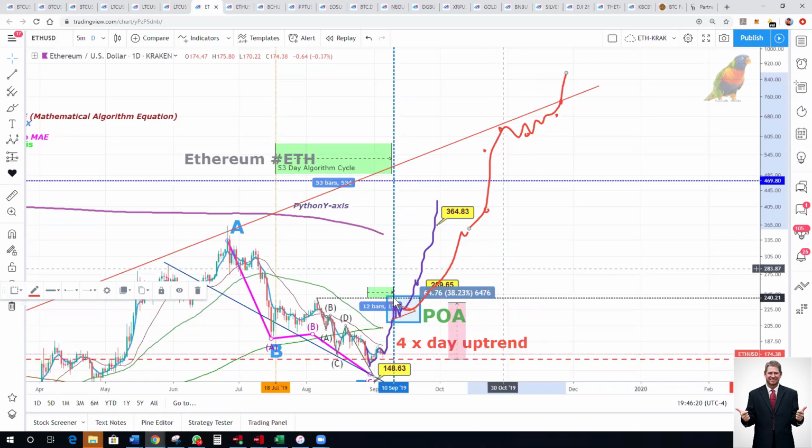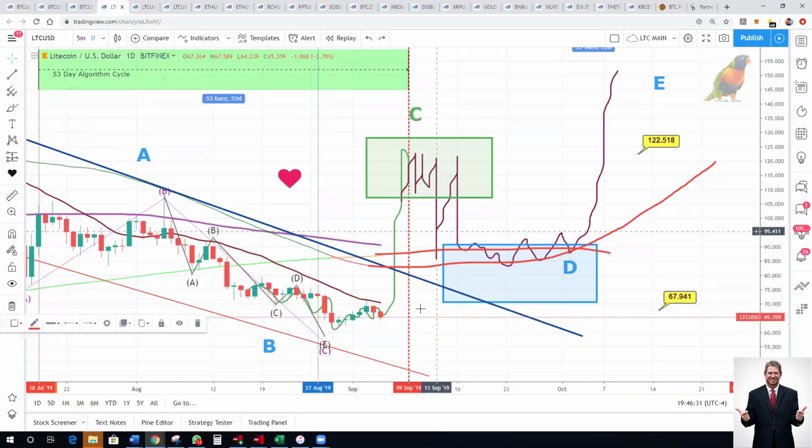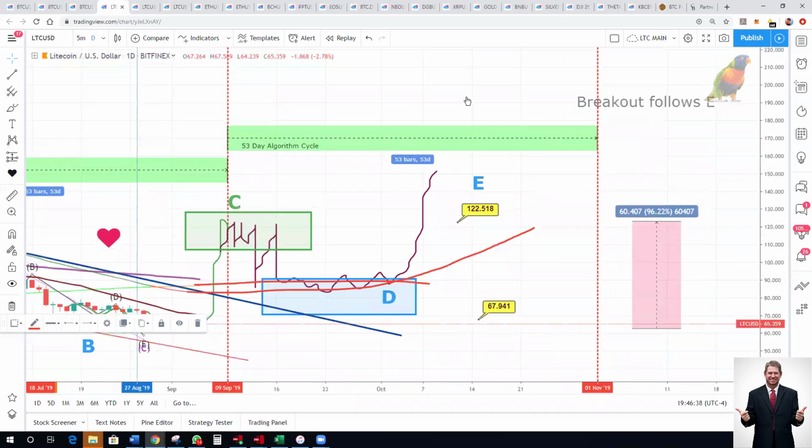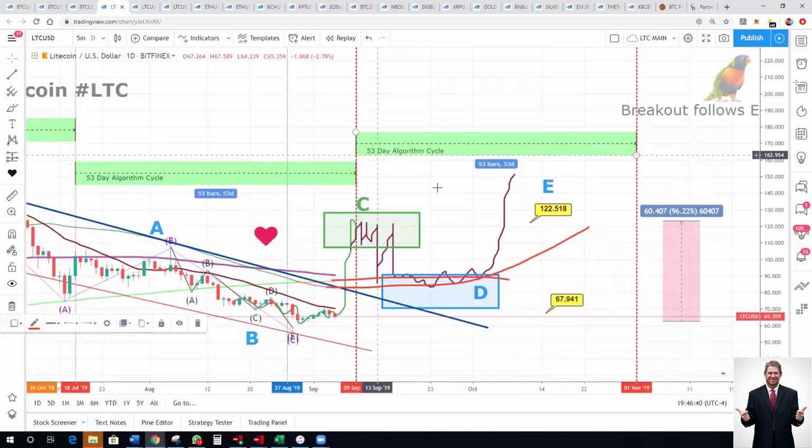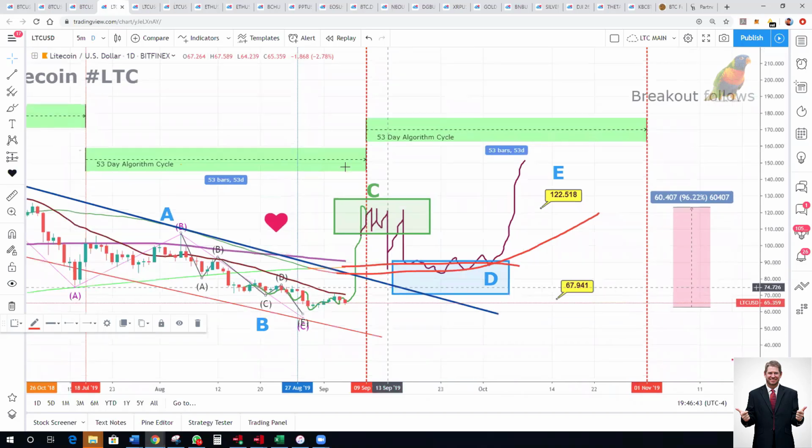We could go sideways a little bit, and look what happens with Litecoin here. Can you see here where we have this time frame upwards? This could perhaps also be the correct time frame, because here is the next 53-day algorithm cycle. Now remember, every 53 days on Litecoin we have a big spike upwards.